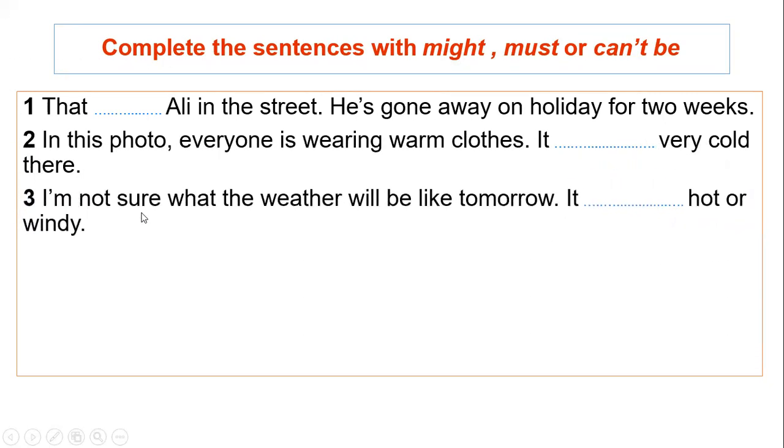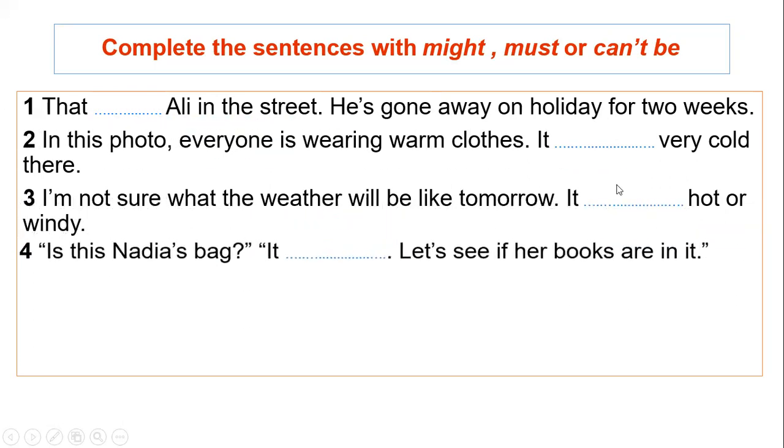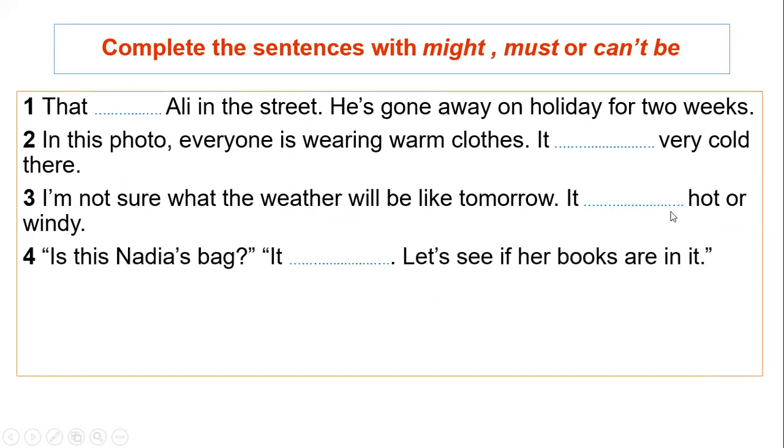Number 3, I'm not sure what the weather will be like tomorrow. It's something hot or windy. Is this Nadia's bag? It's something. Let's see if her books are in it.